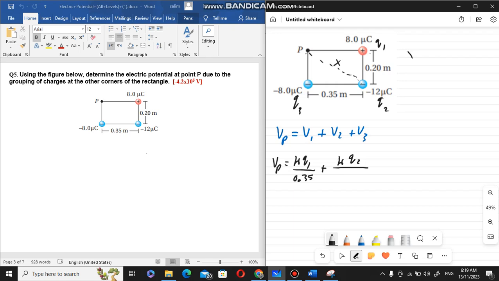So how do we calculate X? Simply we have 0.35 over here, and we have here 0.2 meters, so it would be equal to the radical of 0.35 squared plus 0.2 squared, which is equal to 0.403.